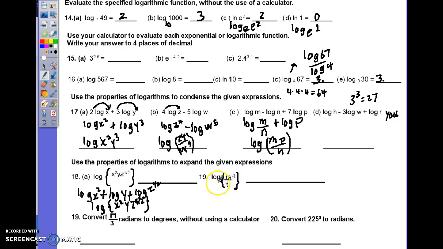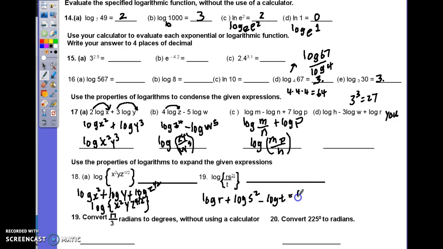And then this one, it's a little bit different, but you just use your product property and your quotient property. So for the r s squared, that becomes log of r plus log of s squared, and then for the division by t, that becomes minus log of t.